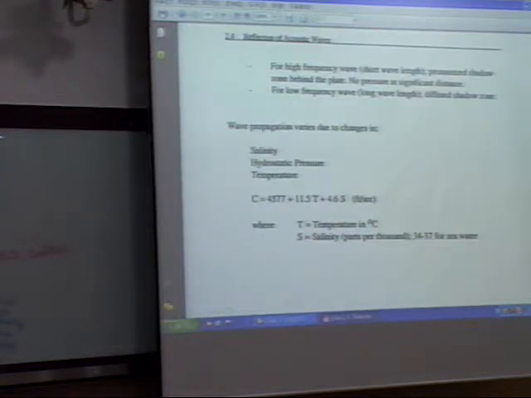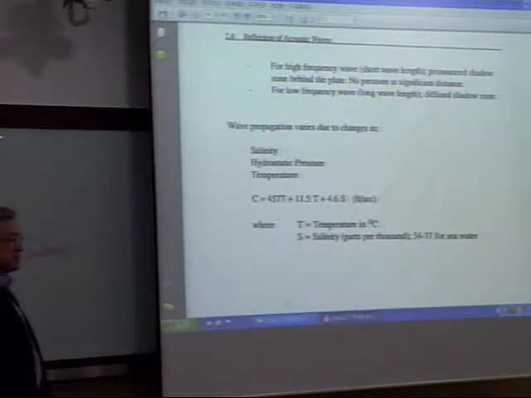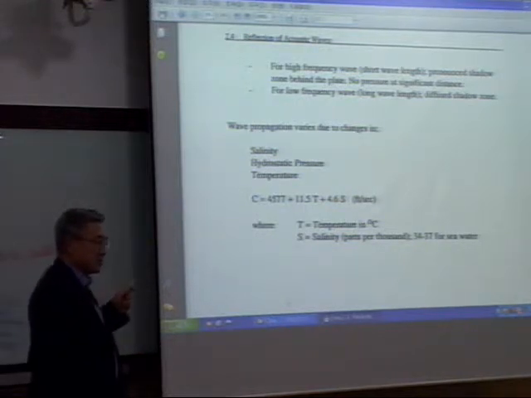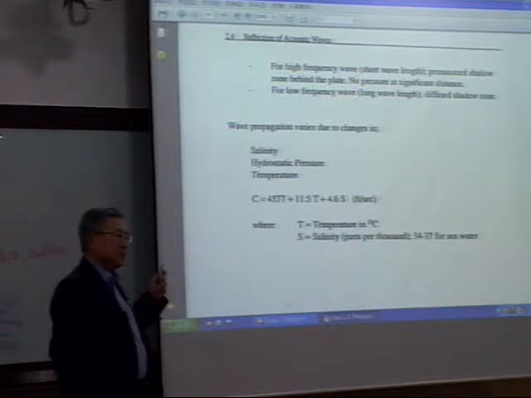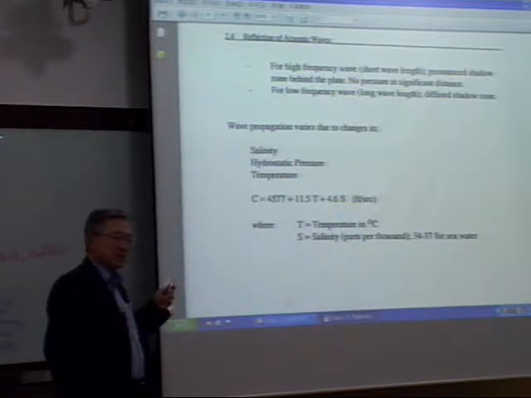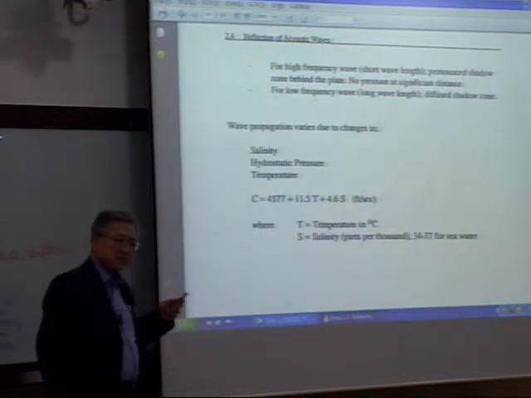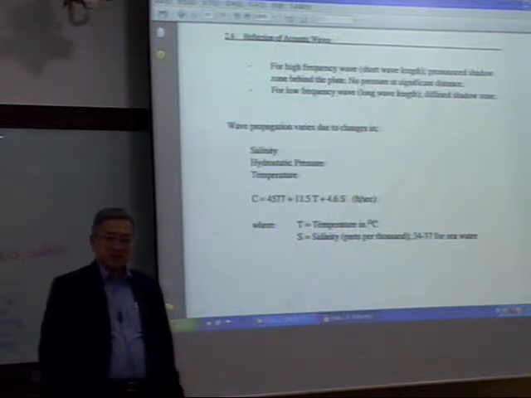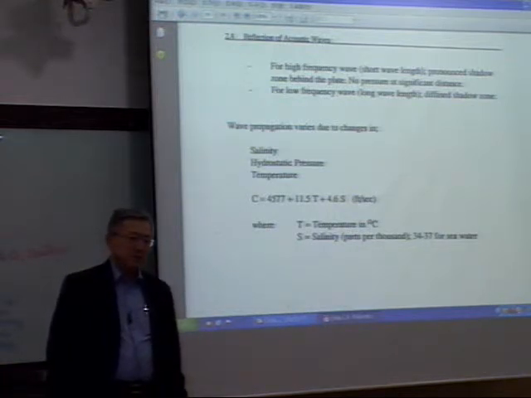This is the equation for acoustic velocity in the water. This equation is good for acoustic velocity in the water for the ship shock situation, not good for underwater acoustics. Why? In underwater acoustics, a wave can go down 30,000-40,000 meters below.